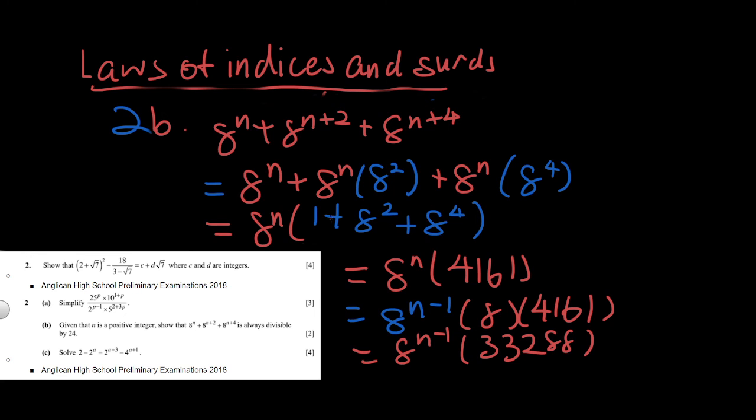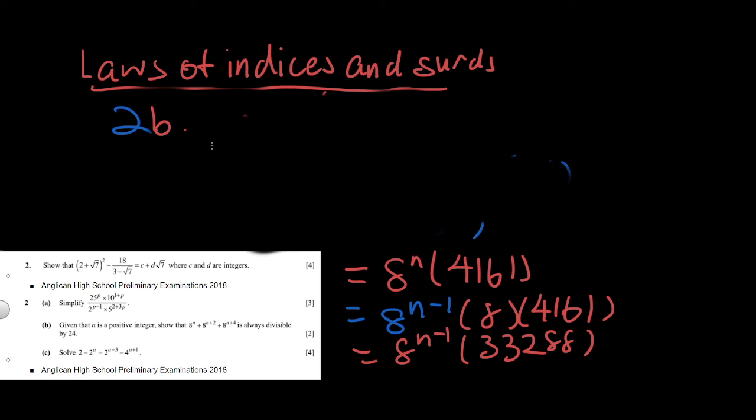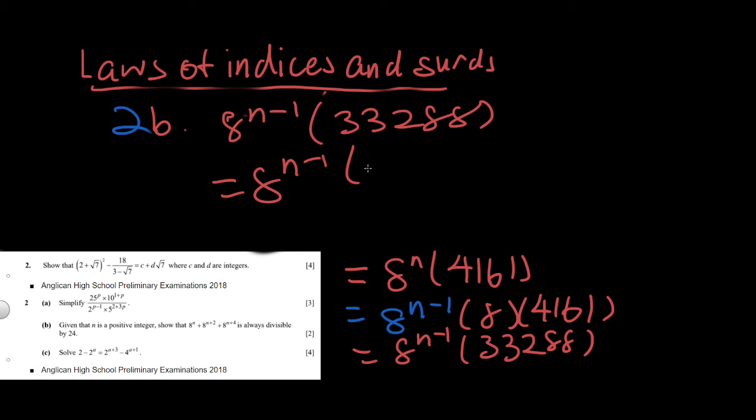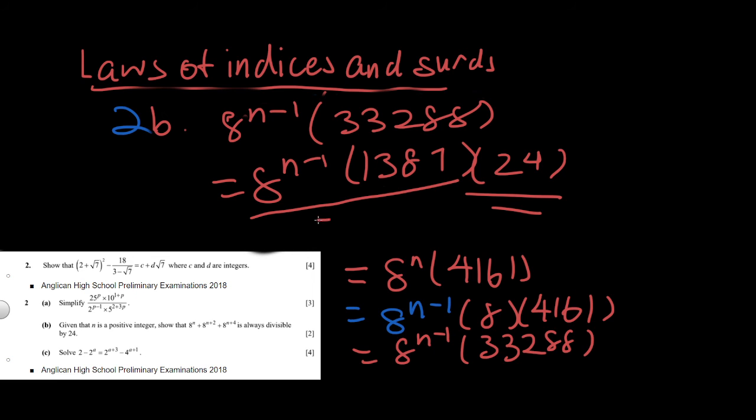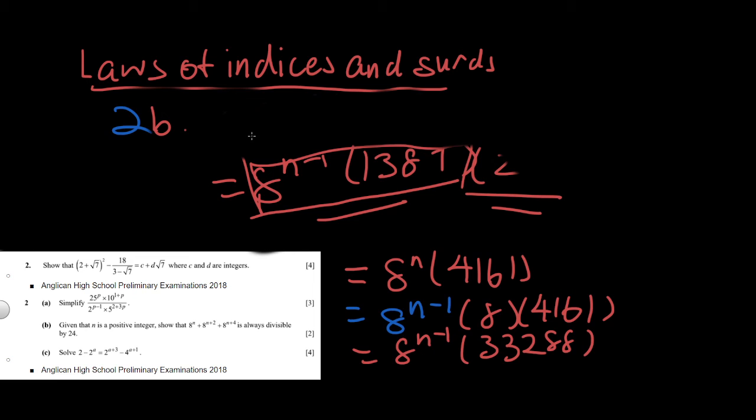Which is, well, lo and behold, 8^(n-1) bracket 3328 can be expressed as 8^(n-1) bracket and divided by 24. It will be equal to 1387 times 24. And there we go. Because this will always be an integer no matter what. As you can tell, right? All you need to do is write out the statement. But yeah, most of it is done.